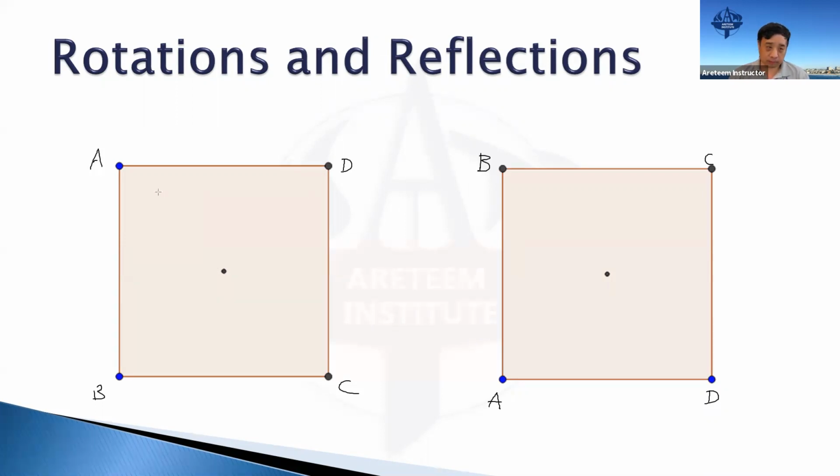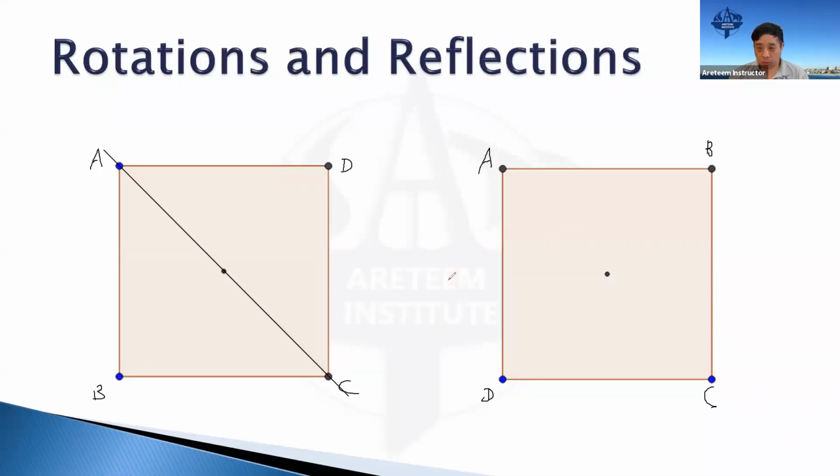This time, I'm going to take AC and take this line, and we'll reflect across this line and see what kind of things we have. AC doesn't change because they're on the line of reflection, and B and D are switched. Look at that.